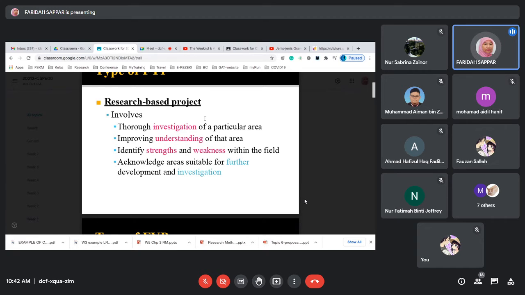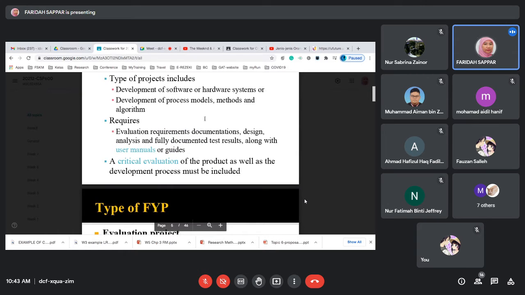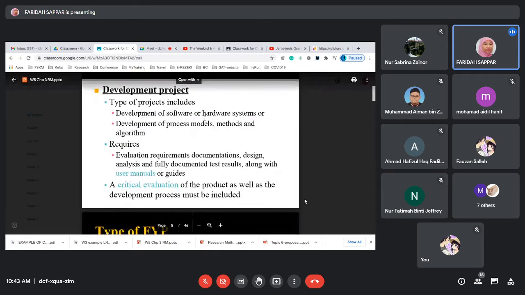So this research based supposed to be, dia kata kena identify the strength and the winner within the field. So benda baru sebab new discovery and knowledge area suitable for the development and also the investigation. Okay, kita tengok under development, types of project include development of software, hardware.